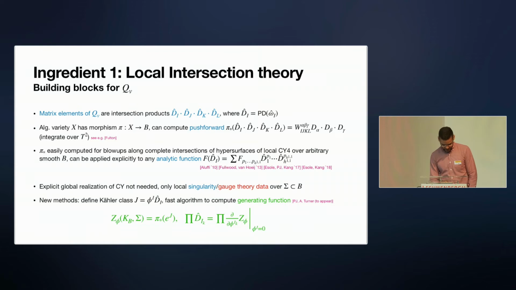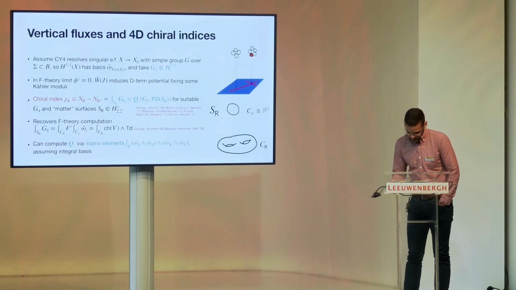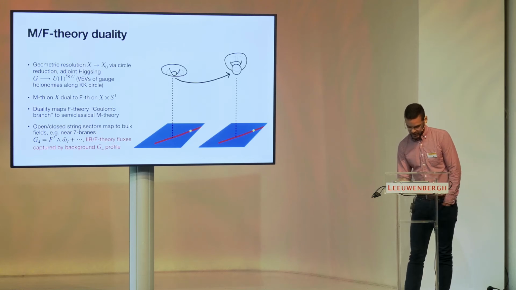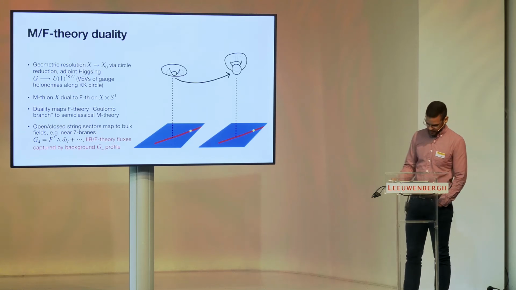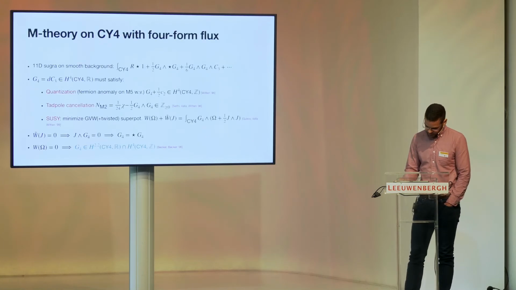So the push forward pi star is very easily computed for blowups. Going back to a picture that I had earlier, a blowup is really what I'm doing when I cut out a singular piece of the geometry and replace it with a smooth space. And so these are the building blocks of a resolution.